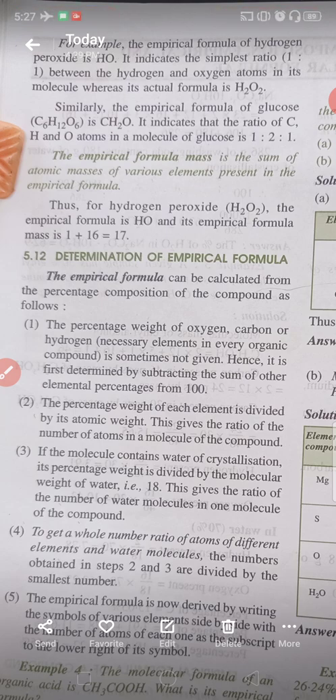And if you want to find the relative molecular mass, the formula is H2O2: 2 atoms of hydrogen make 2, plus 2 atoms of oxygen make 32, so that makes 34. So children, I hope you know the difference between empirical formula and molecular formula, and also between empirical formula weight and molecular formula weight.